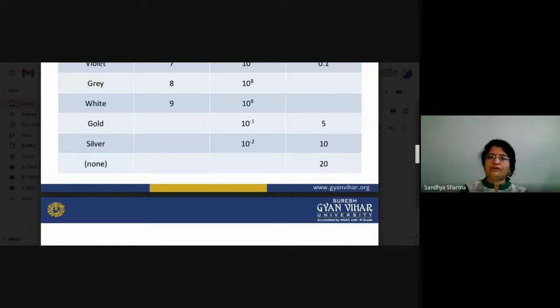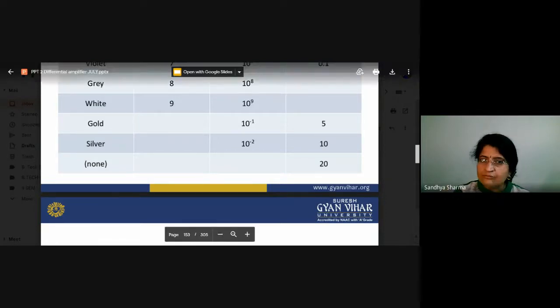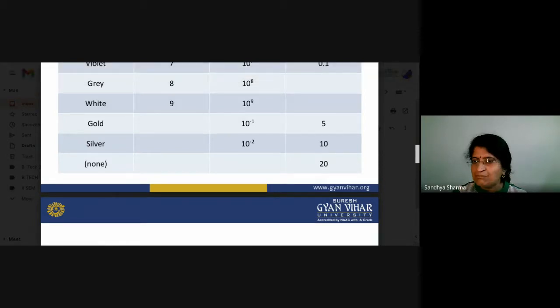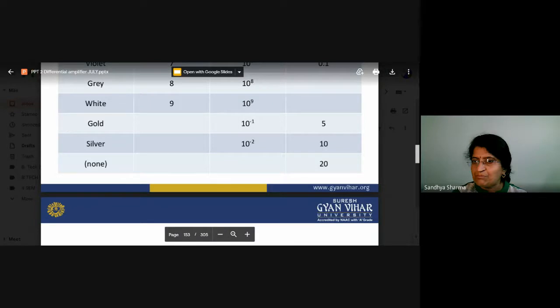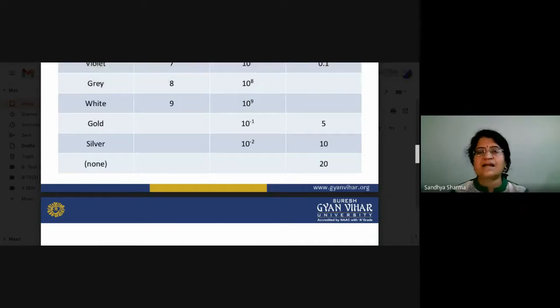Gold tolerance is plus or minus 5%, silver tolerance is plus or minus 10%, and the multiplier is 10 to the power minus 1 and 10 to the power minus 2.